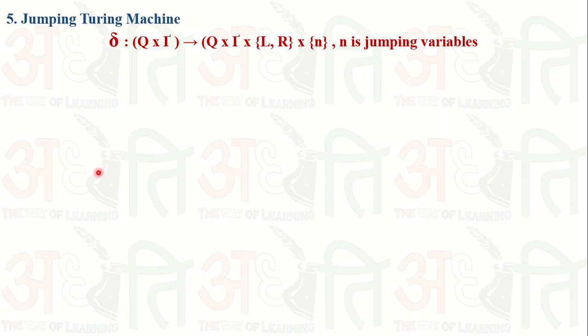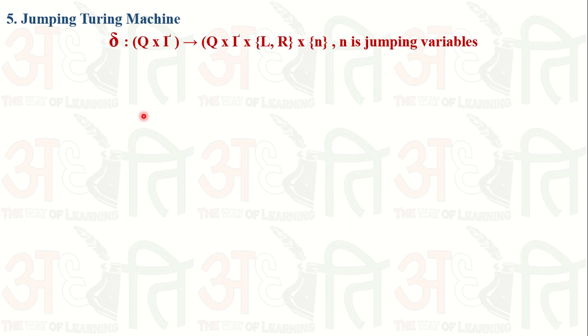So in this machine, the transition function is: in a particular state with a particular top of the stack value, when reading an input, we get a new state and a new top value, and move left or right. And how much do we move? We move n times, because we are jumping n values. So it is known as a jumping Turing machine.